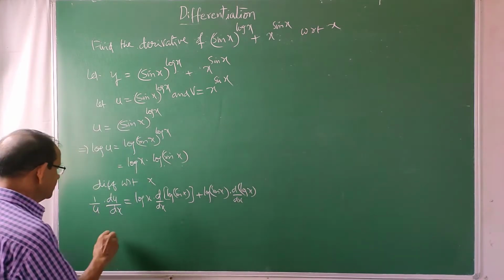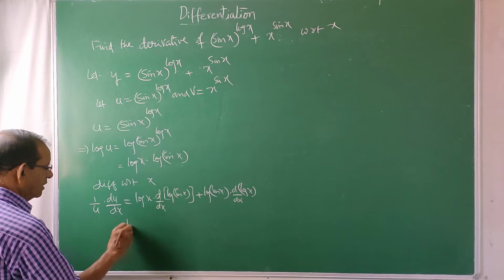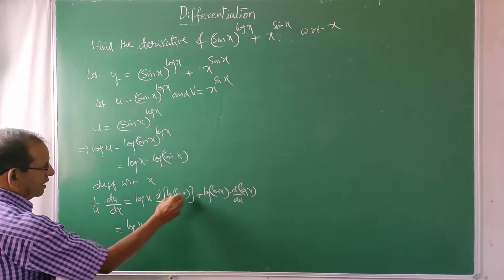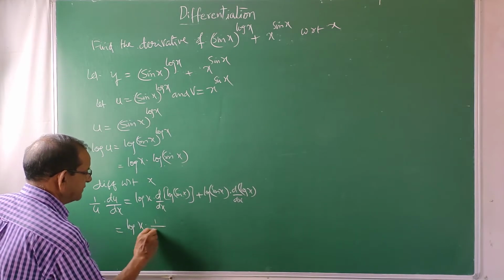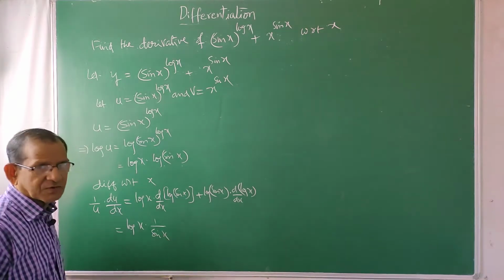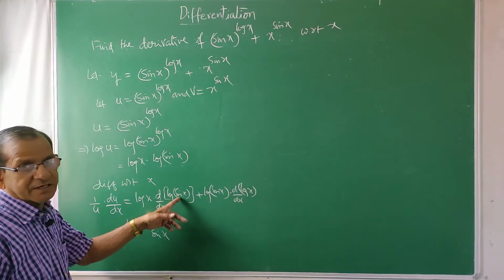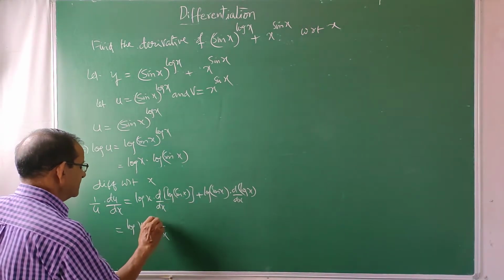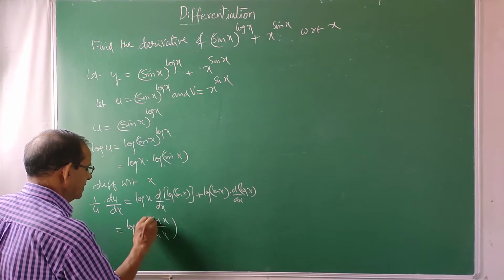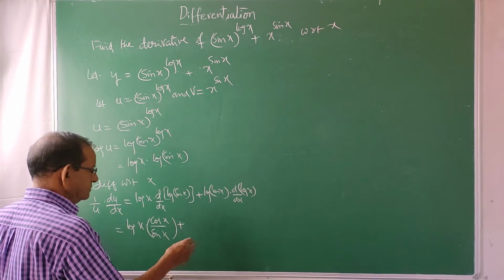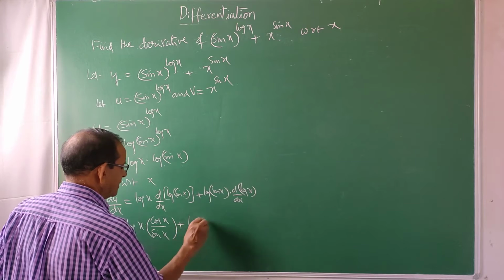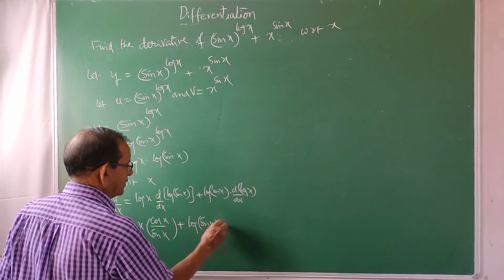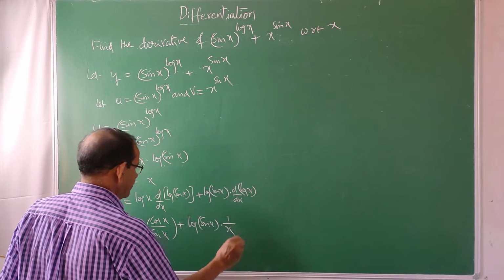So that is equal to log x into, derivative of log of f x is 1 by f x into derivative of f x, that is 1 by sin x into cos x, plus log sin x into d by dx of log x, which is 1 by x.